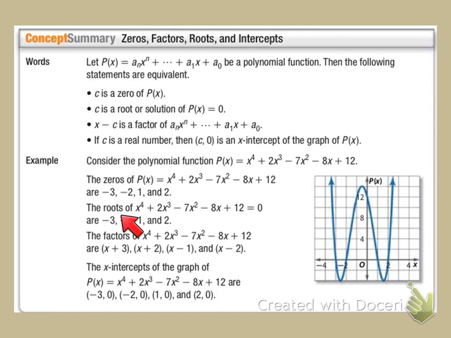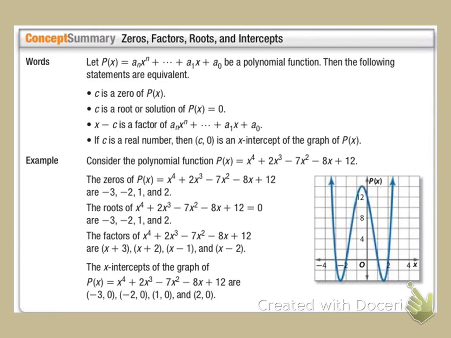Zeros, roots, same thing, except now you're talking about it in equations. So not equals 0, but same numbers: -3, -2, 1, and 2. Everybody still good? Zeros, roots, same things. Put them in coordinates, still the same thing, except you have your y value, which, since they all cross the x-axis, is going to be 0 for all of them. Okay, cool. Everybody good so far?